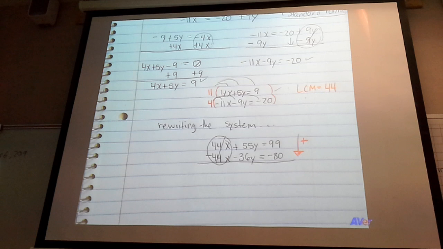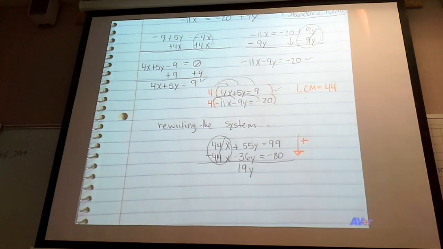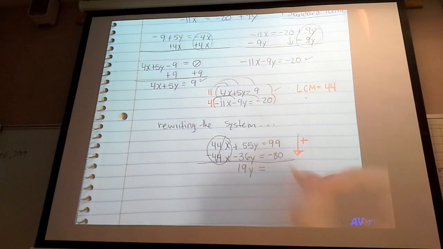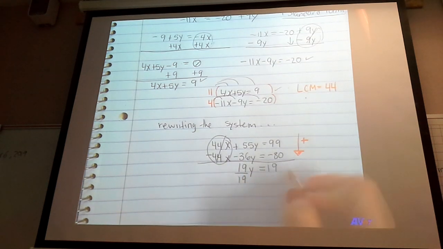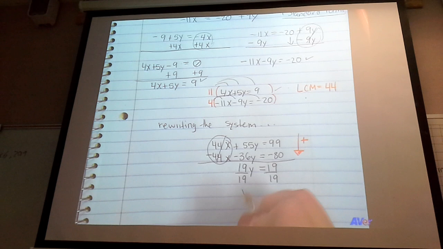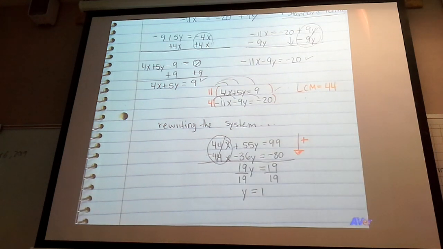That gives me 19y equals a positive 19, which is good because that means I can divide it evenly with 19. Divide both sides by 19. y equals 1.